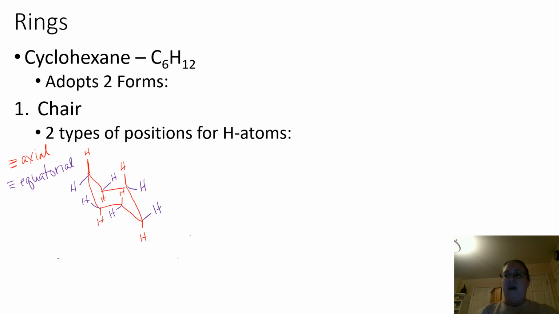Then what we have to pay attention to is that we do have to do a chair flip. Remember those ring flips, those interconversions, are very rapid. They are very, very fast. If I draw my chair or my ring flip, what was pointing up is now pointing down, and what was pointing down is now pointing up.